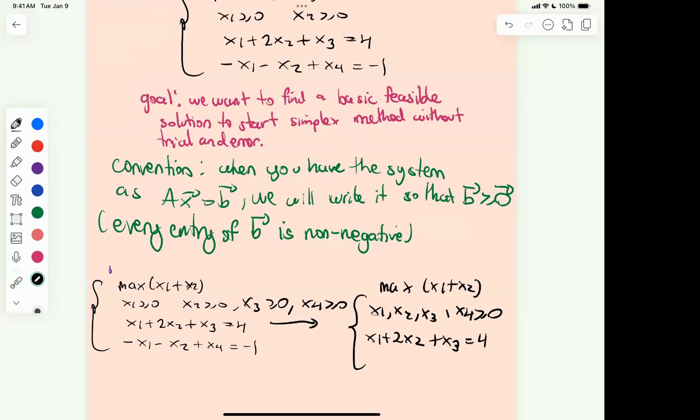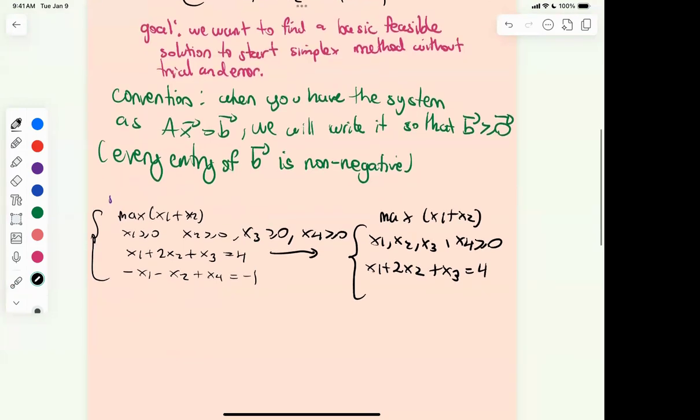And then I'll multiply the second equation by -1 in order to have a positive constant coefficient. So I'll write it as x1 plus x2 minus x4 equals 1. Is that okay? So far, so good?